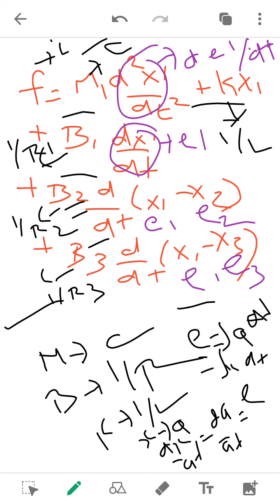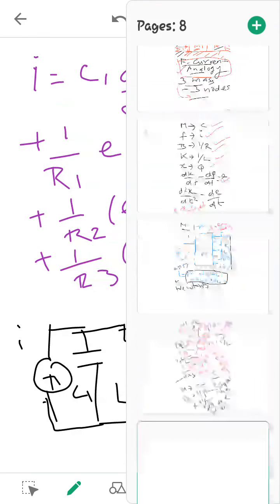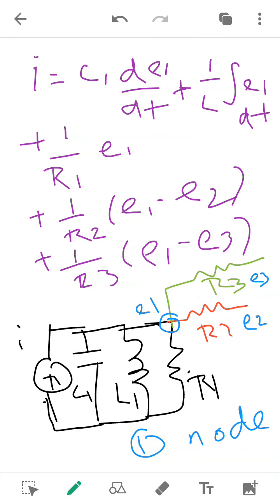If you substitute and replace, the analogous force current equation will be obtained like this.